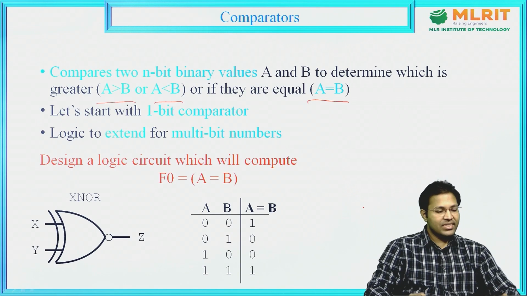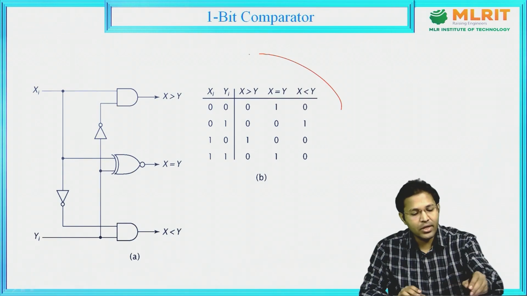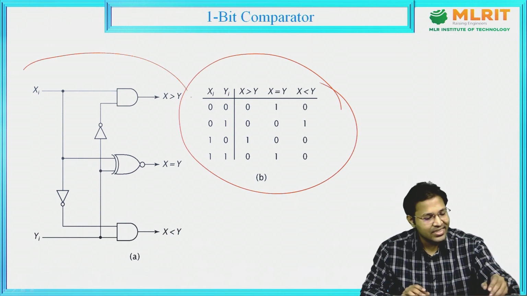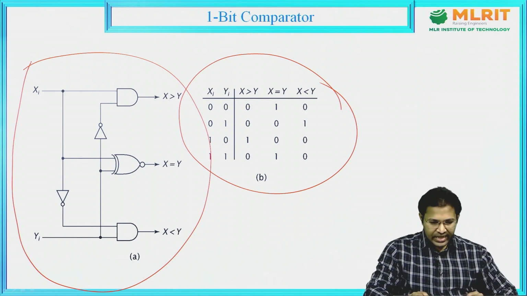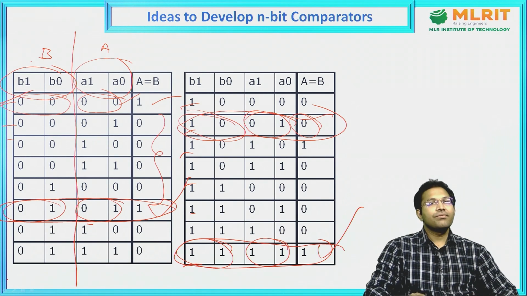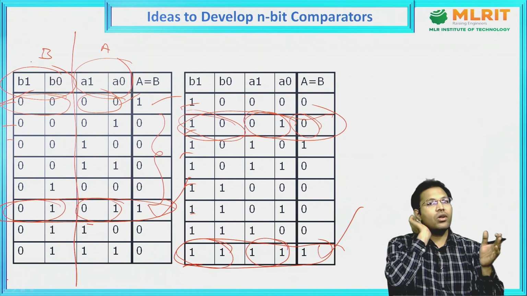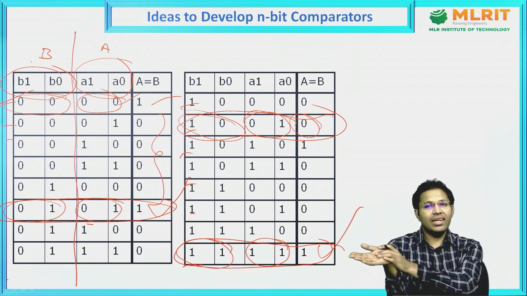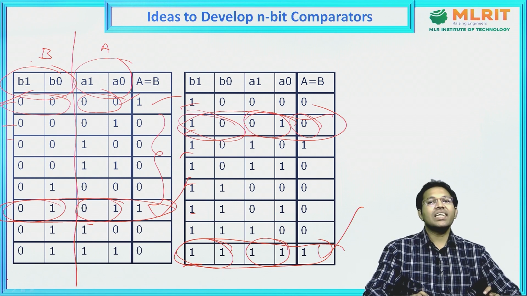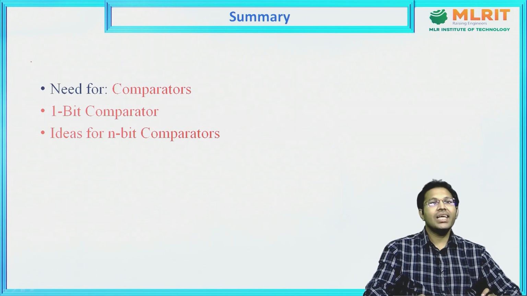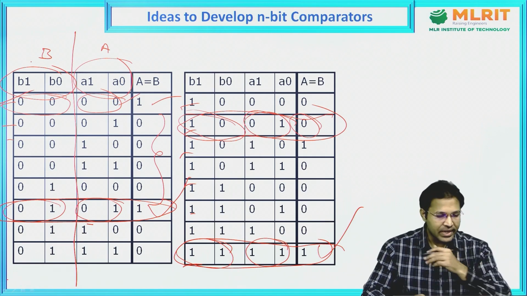In the previous case we have seen that from the truth table we can easily construct the circuit diagram which will give such functionality. So just based on logic, if they are equal we can construct a truth table, and from the truth table we can easily develop the circuit diagram for the n-bit comparator.